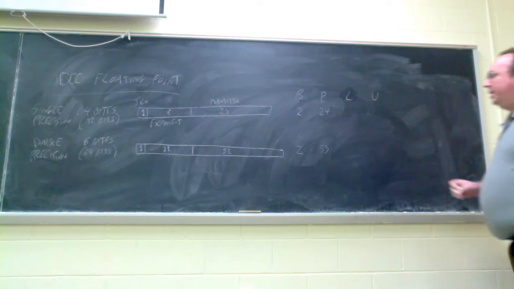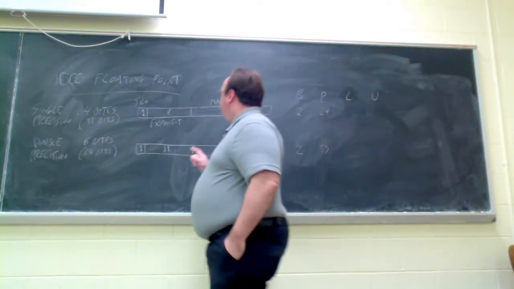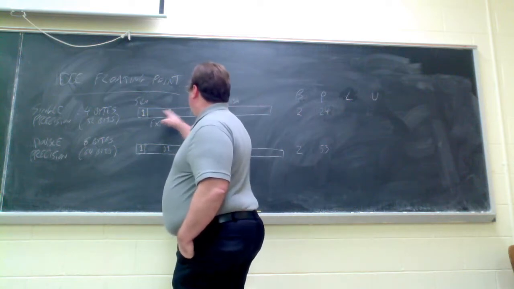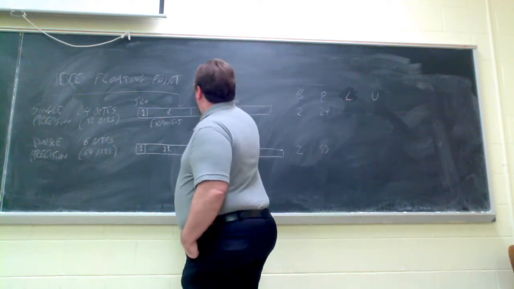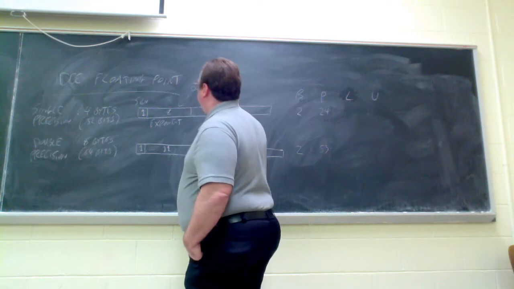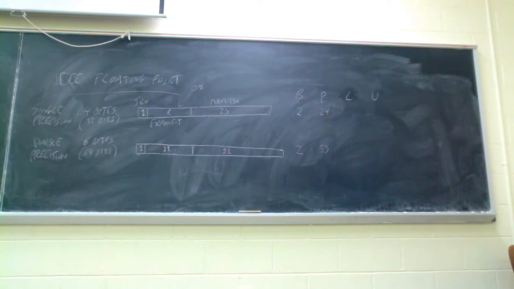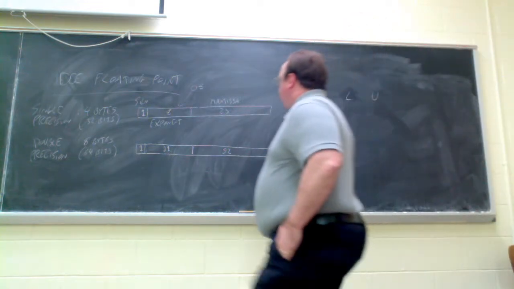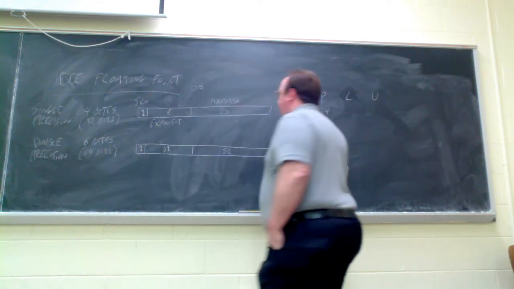Now for the exponents, if we have 8 bits here, that can be used to represent a number, from 0 if all the bits are 0, because the exponent has to be allowed to be positive or negative.